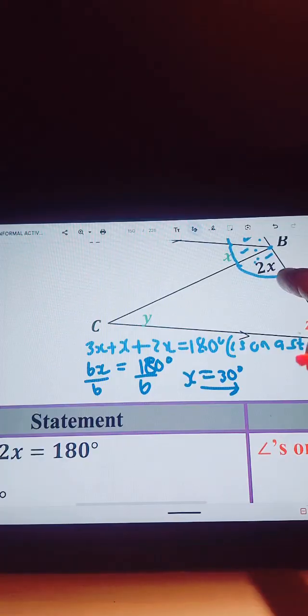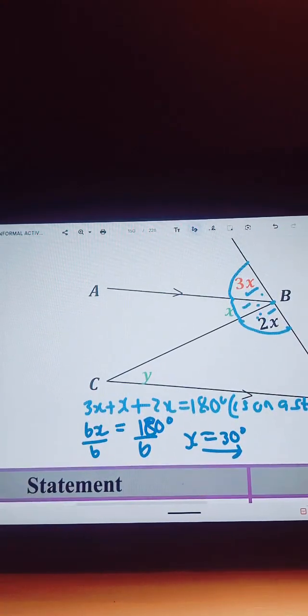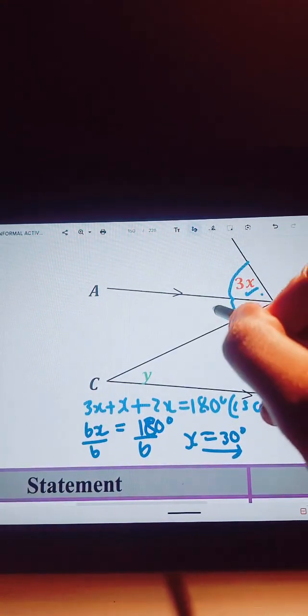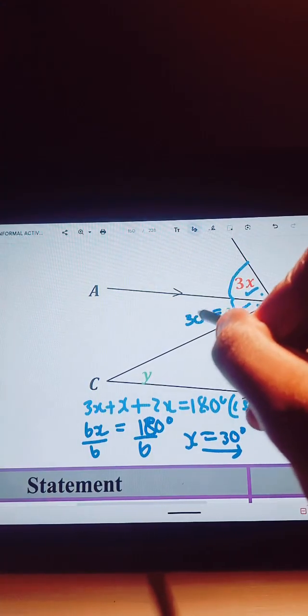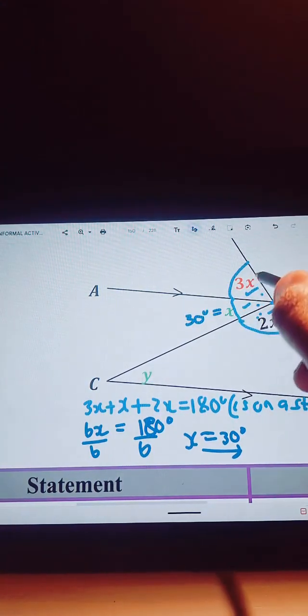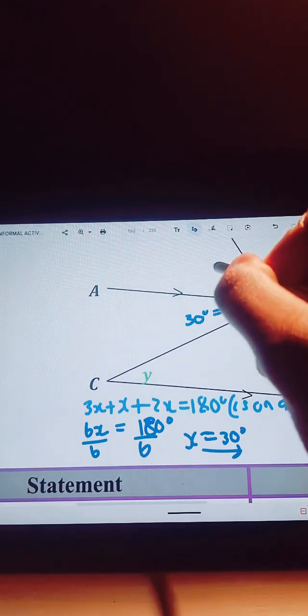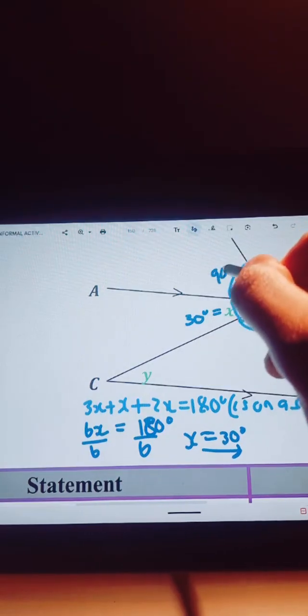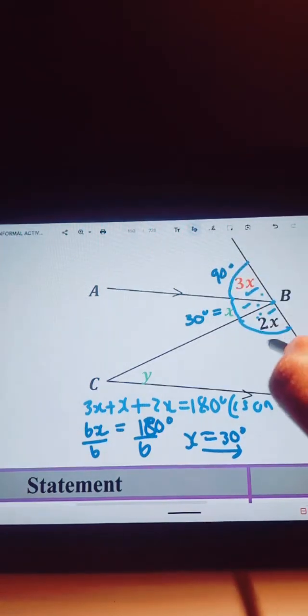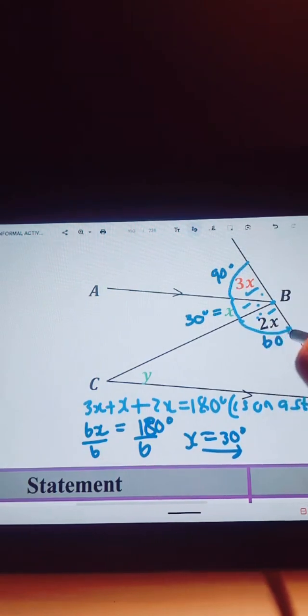So if x is 30, that means a few things. It means this x is 30. It means this 3 times x, 3 times 30 is 90 degrees. Then this 2 times 30 is 60. So those are the full values for each of those angles.